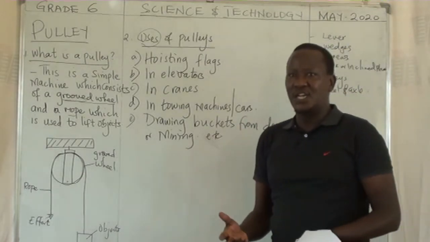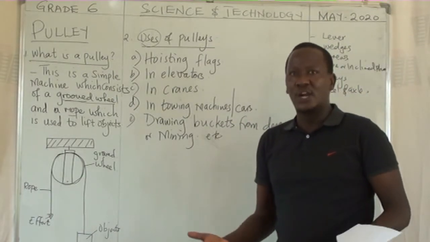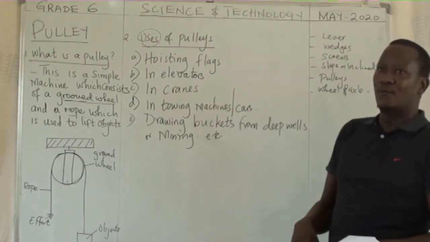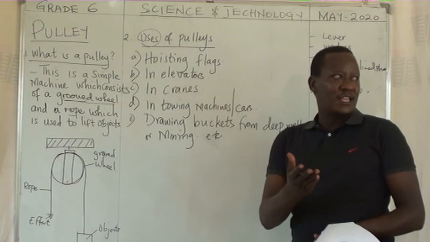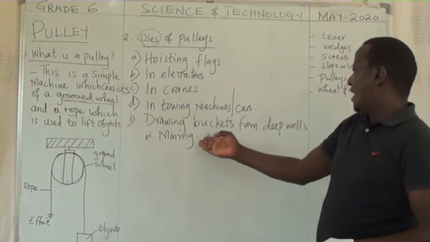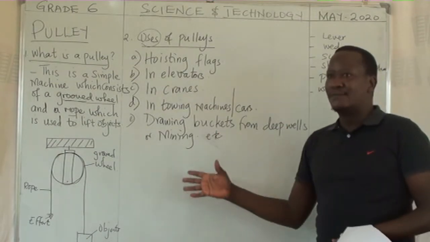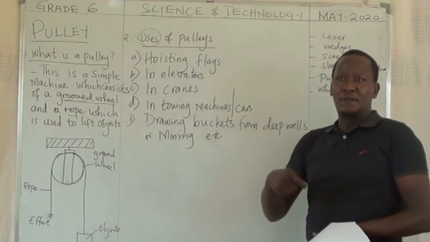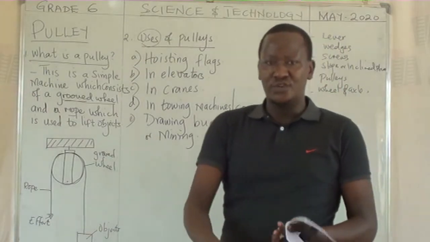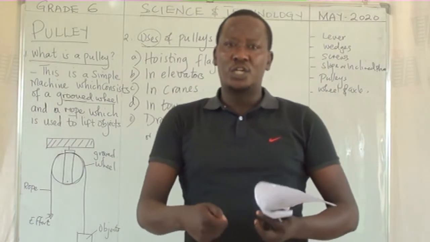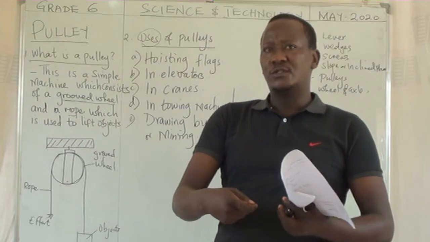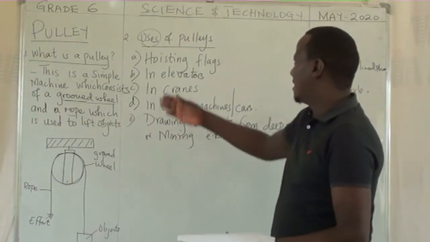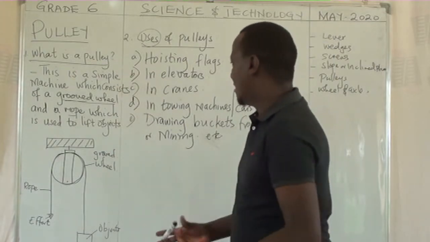If we have a machine or car that has broken down along the road, we use the car towers to come and tow it from where it has broken down. Lastly, we also use them to draw buckets, drawing water from the deep wells or from the deep mining areas. You can use it to draw those minerals. So these are the few uses of the pulleys.